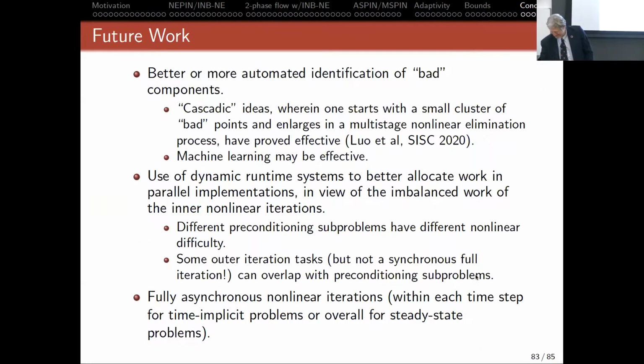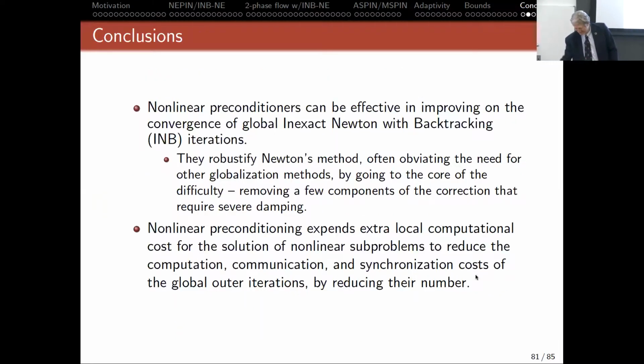Like, clearly, in the context of parallel computing, I could see the advantage of using something like Schwarz decomposition, because then what you call the bad unknowns are identified based on implementation, based on the way you decompose the domain, right? But these are not the unknowns that would produce the most stiffness.